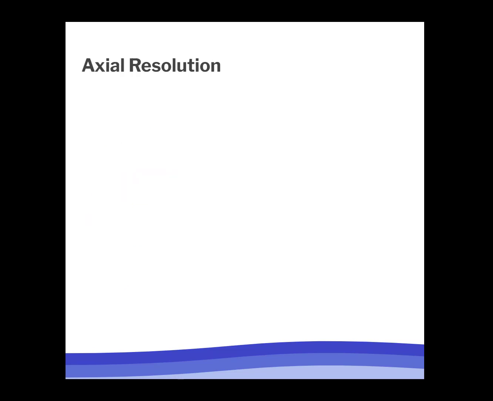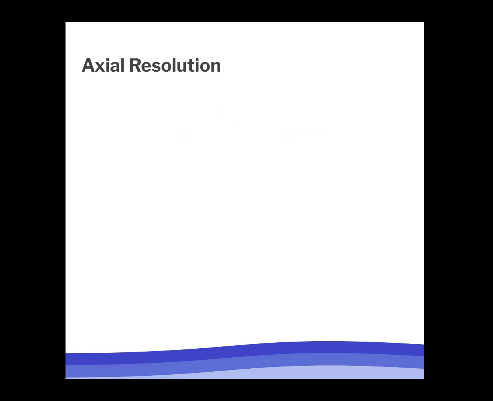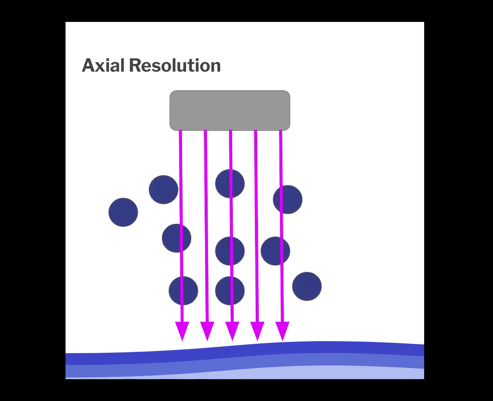Now, it bears repeating that the definition of axial resolution is a machine's capability of accurately displaying two reflectors that are parallel to the sound beam. But you might be wondering, what really does it mean to be parallel to the sound beam? When sound beams are emitted from a transducer, the pulse is sent directly from the face of the transducer. The sound beam travels into the body and is going to interact with reflectors.